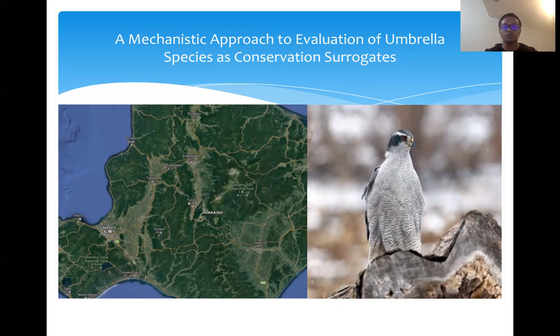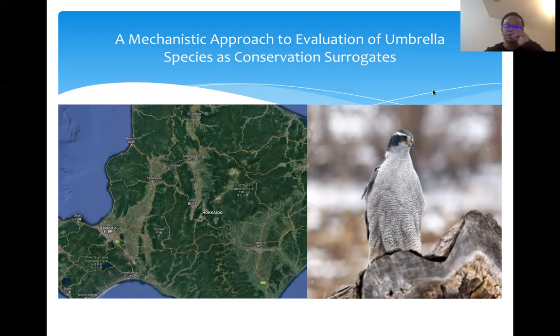In other words, they wanted to see if selecting specific sites based on the umbrella species definition of goshawks would also give us information on the abundance of biodiversity of the other animals and organisms as well.